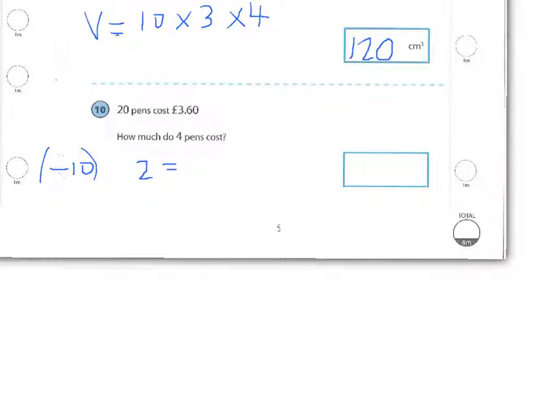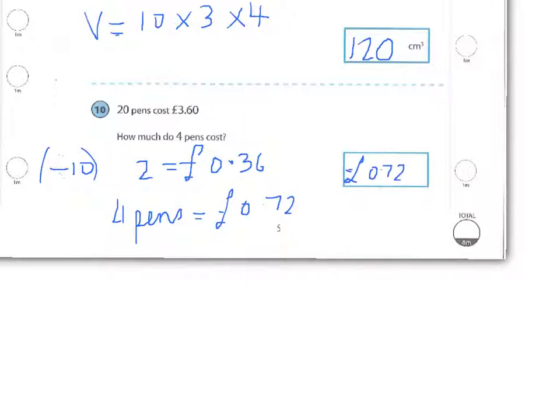So its 2 pence are going to become 36p, because when I divide the decimal above, the digits all move over one place, so that's 36p. Now, if I know 2 pence cost 36p, I know that 4 pence will be twice that amount, so it's going to be 72 pence. 0.72 pounds.